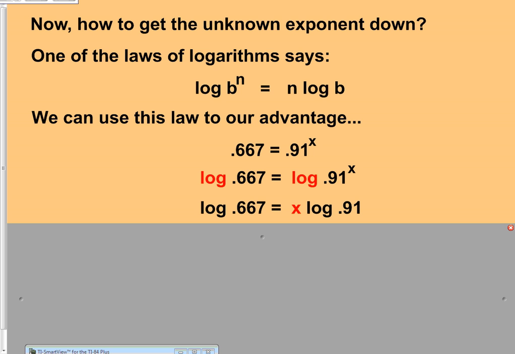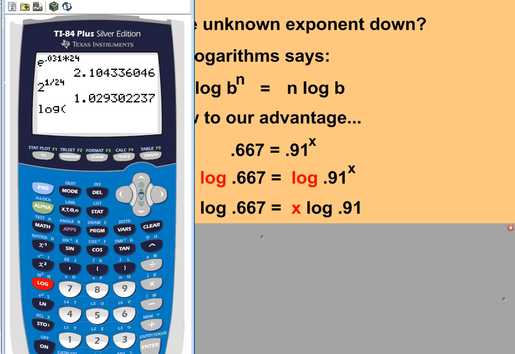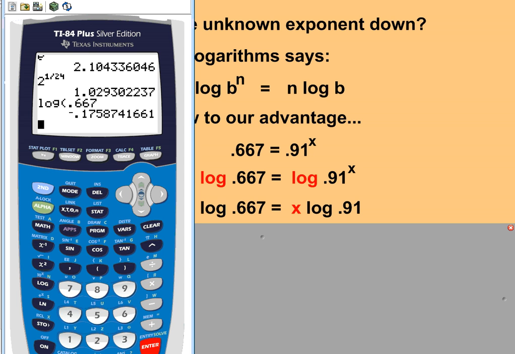Now, if you are looking at this going, what on earth is all of this log 0.667 and log 0.91, well, let's take a look at what it is. Log of 0.667, on my calculator, is a number. A logarithm is a mathematical operation, so basically you have a number.